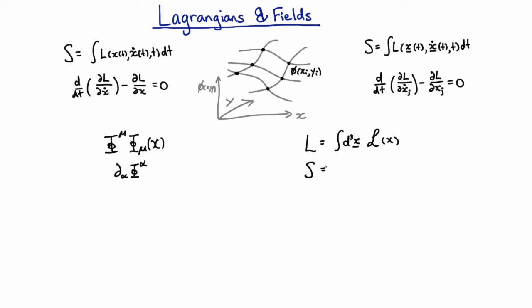So the action is the integral over time of the Lagrangian, which is the integral over space of the Lagrangian density. And therefore the action is the integral over 4-dimensional space-time of the Lagrangian density, and that is a manifestly invariant object. So this action is indeed a scalar.